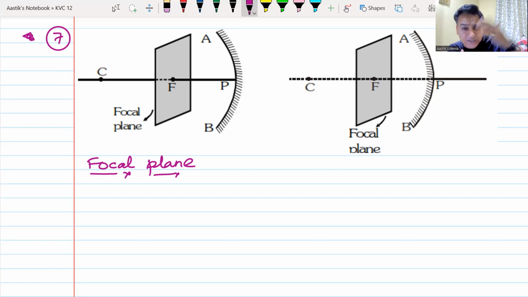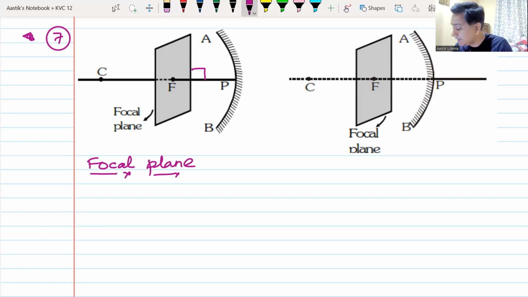A plane which contains the principal focus and it must be perpendicular to the principal axis. Because see, this is the principal axis and this red point is, let us say, my focus. I can draw an infinite number of planes which pass through this point. Yes or no, beta? Which plane? The plane which is perpendicular to the principal axis. Do we understand this?